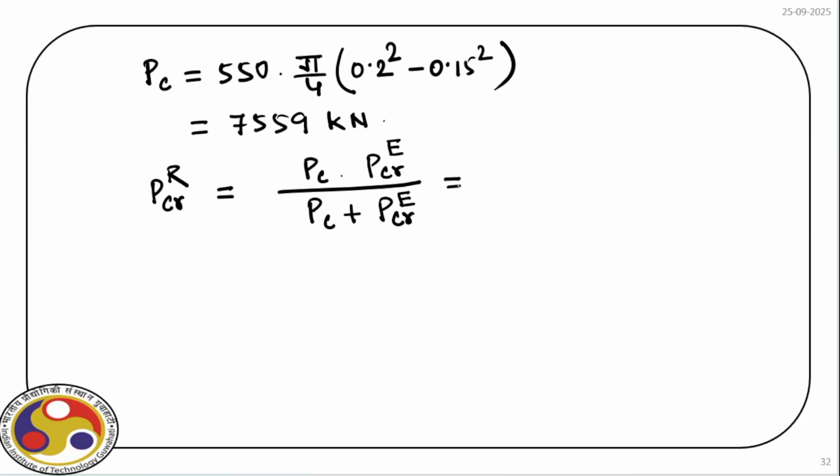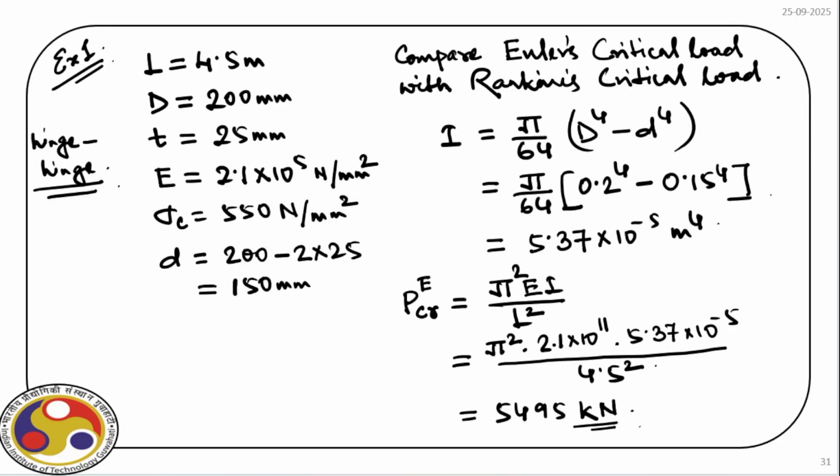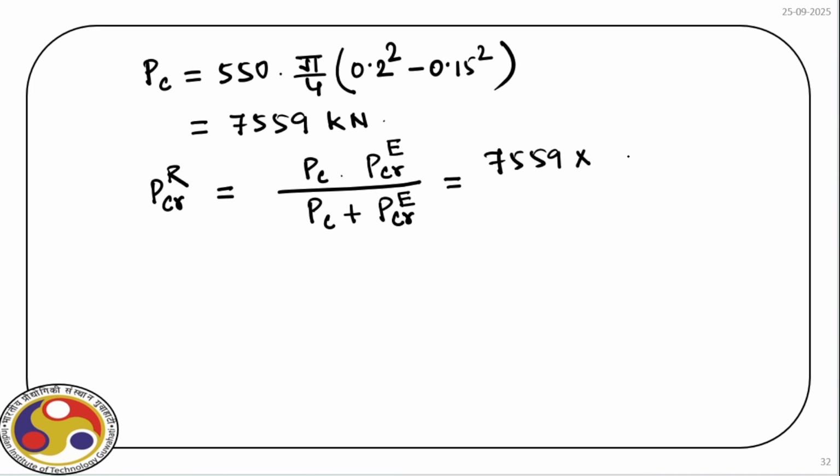So if we put the expression, we have 7559 times Euler's critical load, which is 5495, divided by 7559 plus 5495.